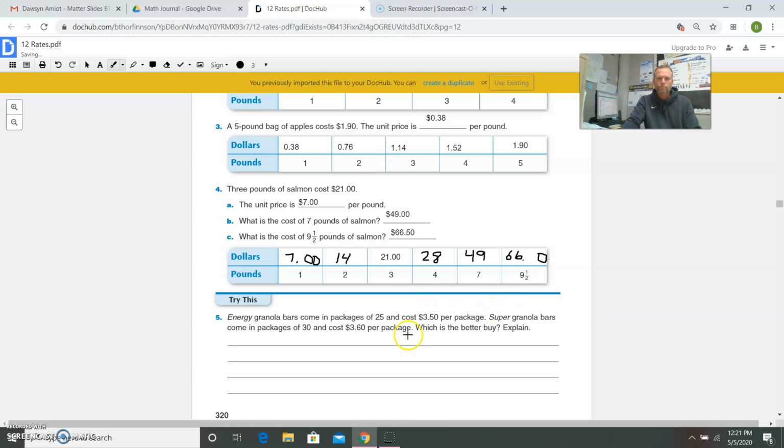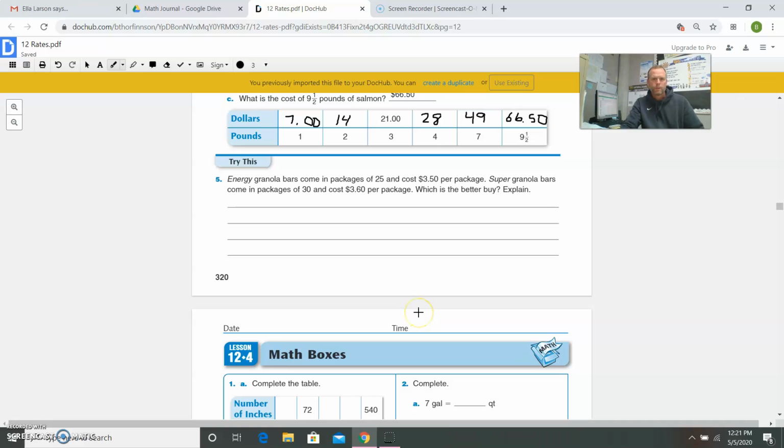All right, our final one, energy granola bars. And here's a great example of shopping. Where are you getting the better buy? Energy granola bars come in packages of 25, and they cost $3.50 per package. Super granola bars come in packages of 30, and they cost $3.60.